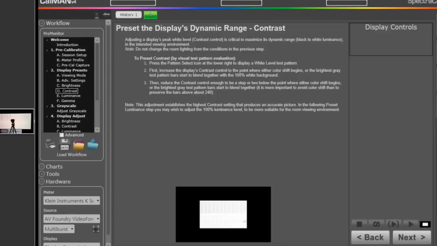And so as I go higher and higher with the control, I find that about here I start to lose. So about 80, I started to lose some of the bars on the bottom. So I know for sure that I don't want to go any higher than that. And as I go lower than that, I don't see any significant tonal shift in the picture. And so I'm going to leave that at about 80, which will give me a maximum dynamic range in the signal processing circuits.